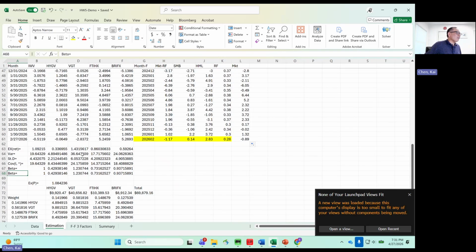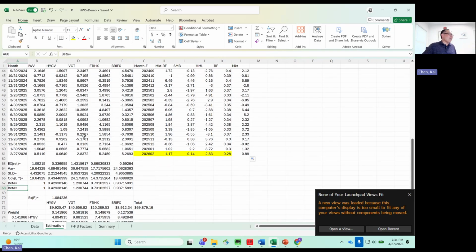Now, in homework 5, we are going to use the French 3-factor market portfolio to proxy for the market portfolio.